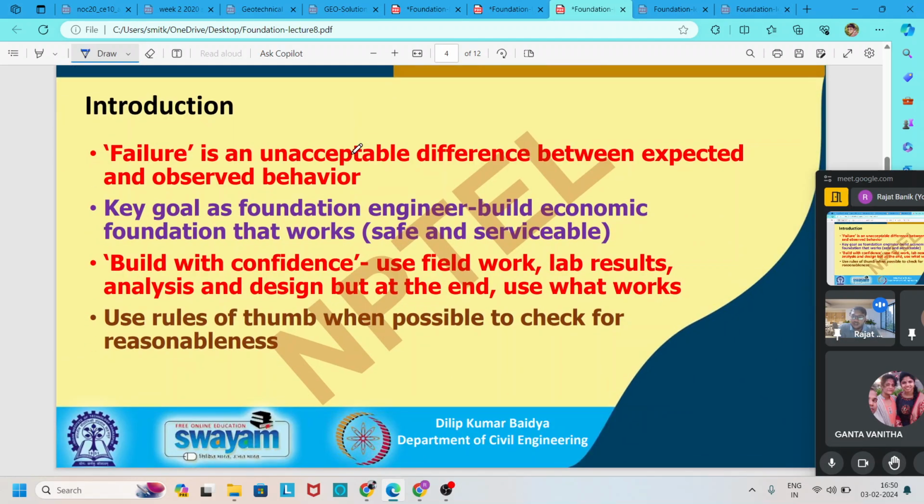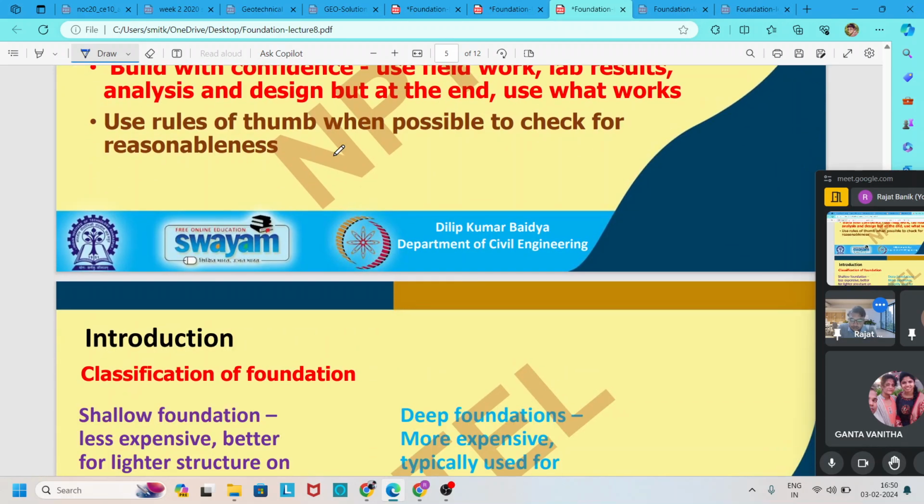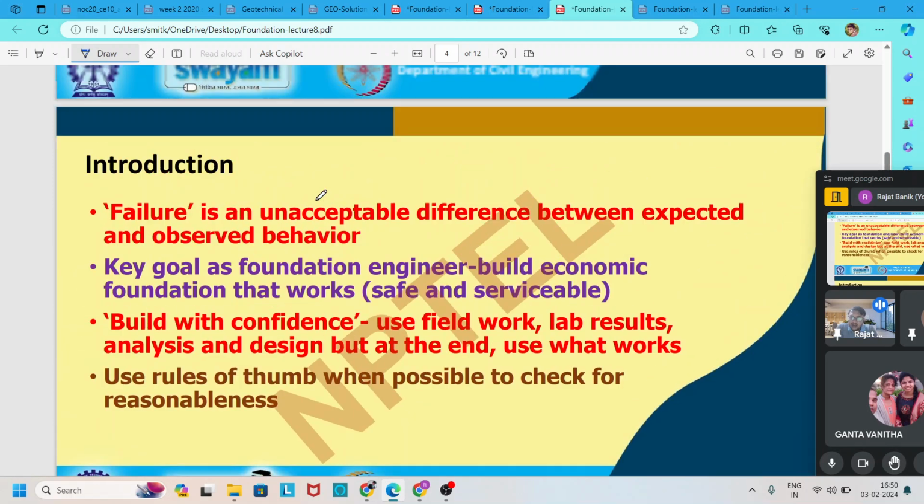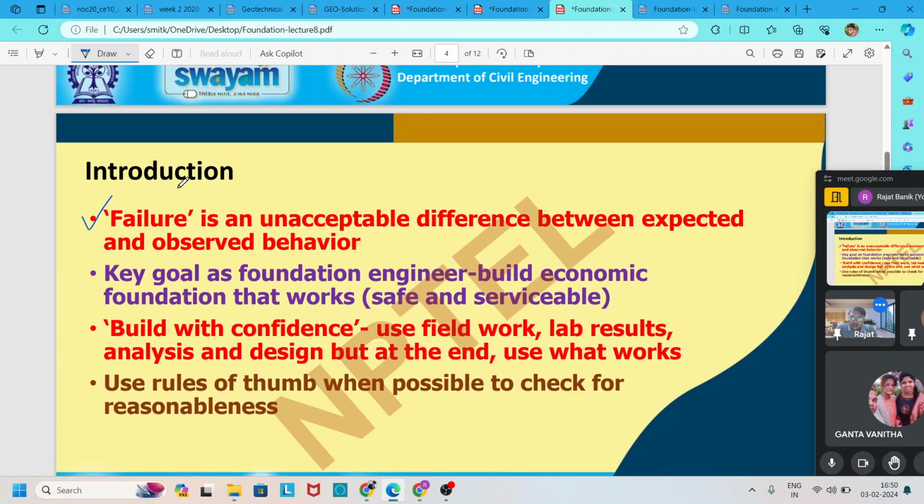These are the points discussed here. Then here we are discussing some failure. Failure is an unacceptable difference between the expected and observed behavior.